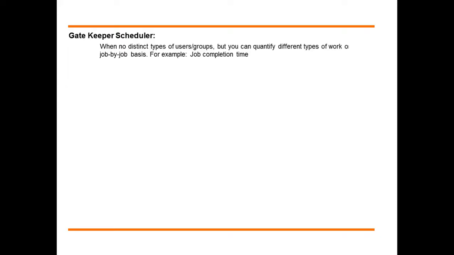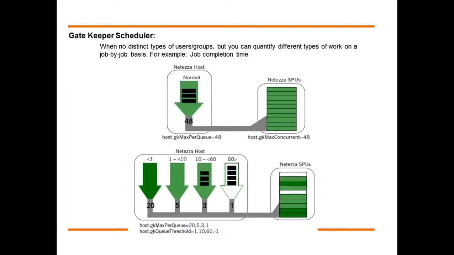Now, why do I need Gatekeeper Scheduler if it is open always? If you look at this whole concept of GRA, snippet and resource and jobs we have discussed, I am prioritizing my users, saying that this user is critical to me. This user is low priority user.